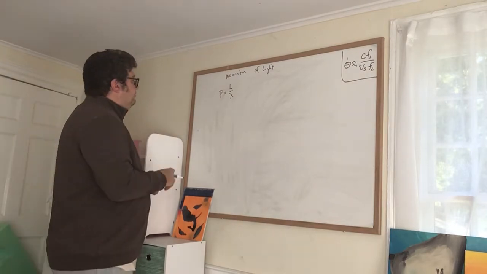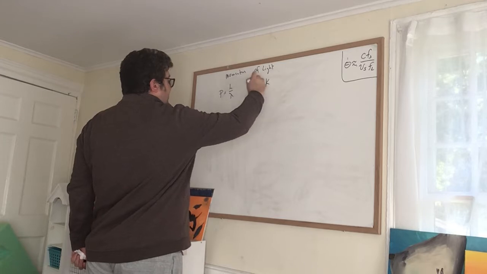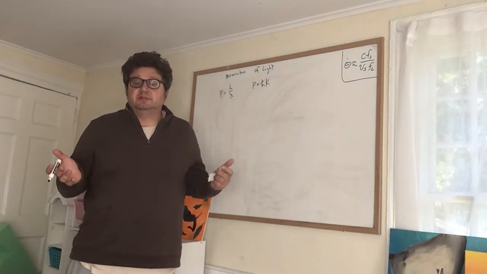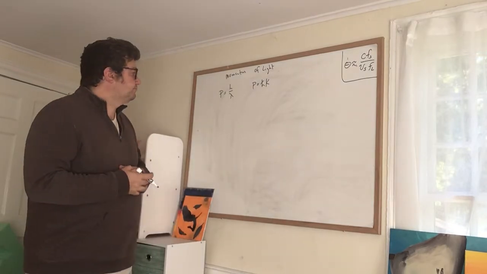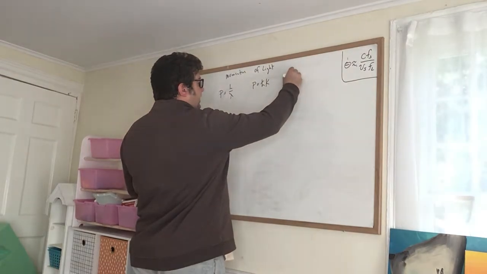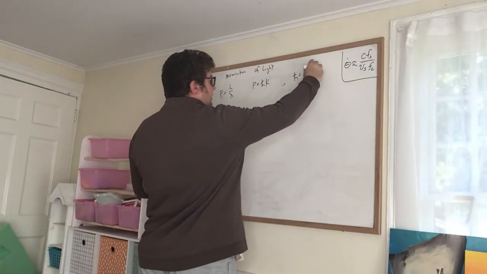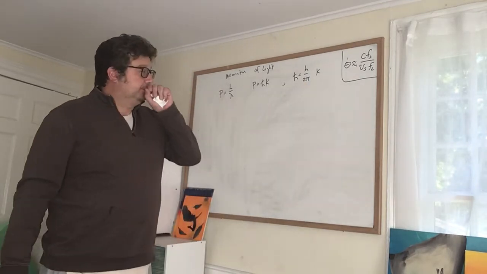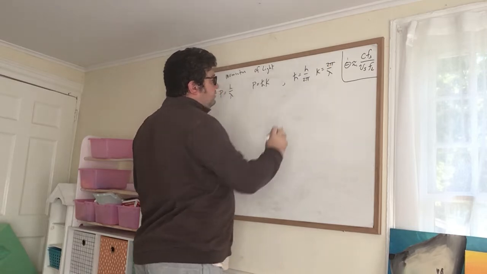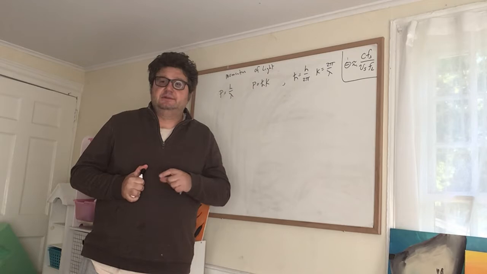Sometimes we like to use the expression h bar k for the momentum. I particularly like using h bar k, right? And so we remember that h bar is equal to h over 2 pi, and now just by inspection, k is going to have to be 2 pi over lambda. So we call k the wave number.